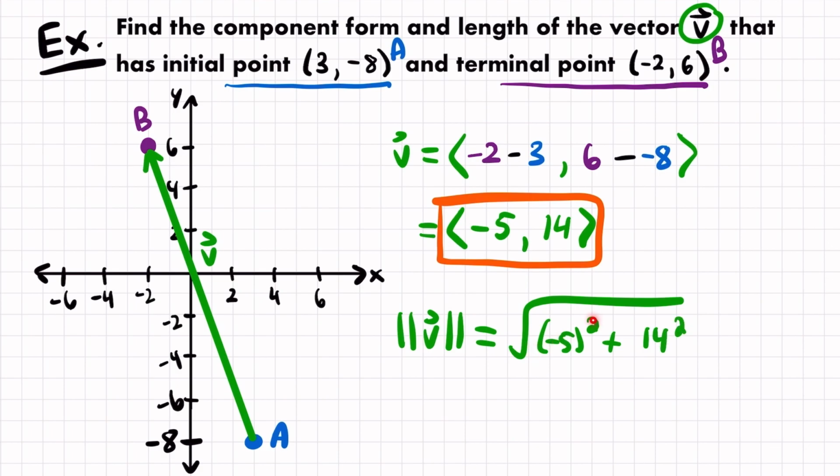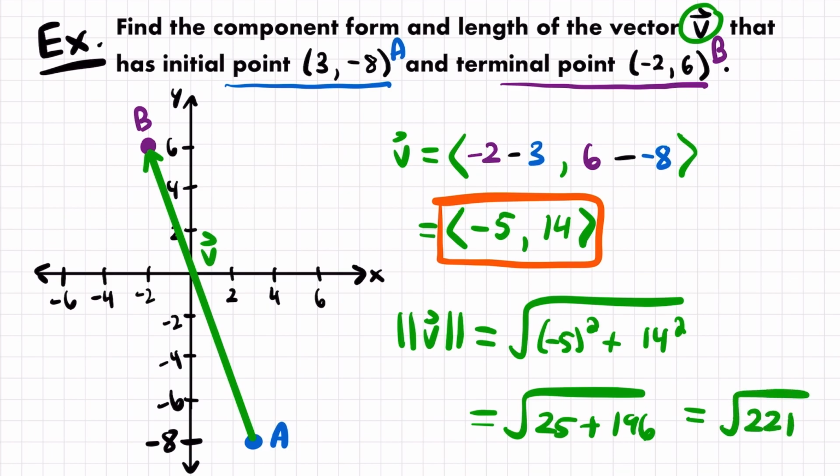Now, -5 squared is 25, so this is equal to the square root of 25 plus 14 squared, which is 196, and 25 plus 196 is 221, and so this is equal to the square root of 221, which I believe does not simplify any further. And so the square root of 221 is the length or the magnitude of vector v.